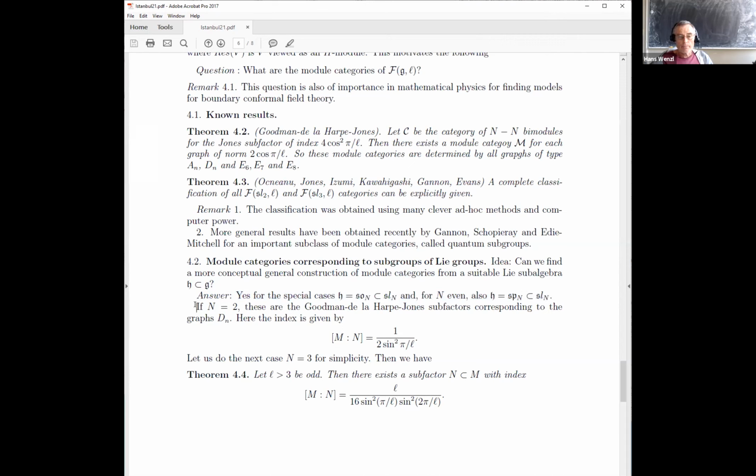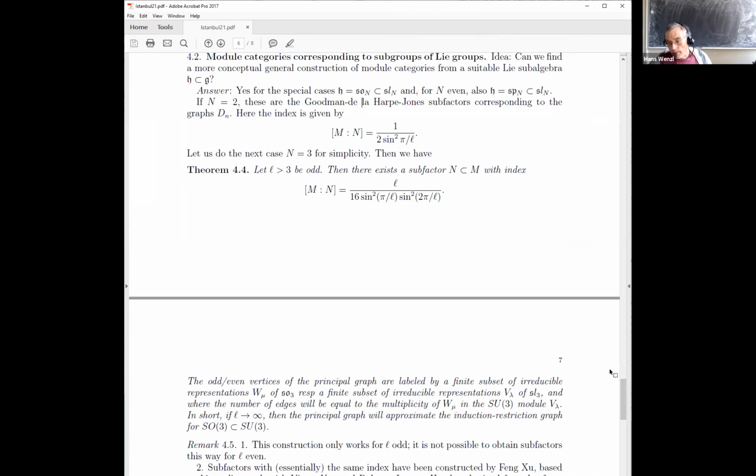So again, for the special case n equals 2, which is basically SO2, or one should think of O2 embedded into SU2, these are already constructed by Goodman-de la Harpe-Jones, and you get the special case of the Goodman-de la Harpe-Jones subfactor for the corresponding graph Dn. And one can calculate the index, which is given by this number.